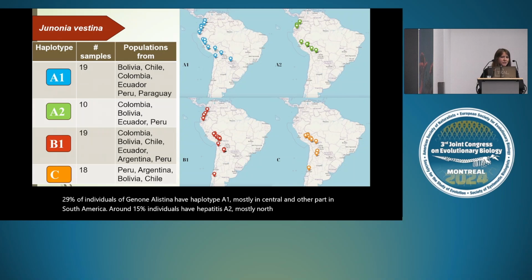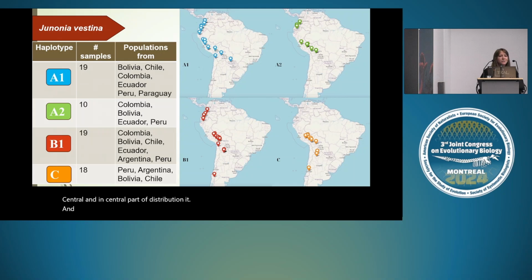Haplotype B can be seen throughout the Andes of South America, and haplotype C, around 27%, can be seen in the central part of the distribution. We found that it is no longer restricted to Peru, as we found it in populations from Argentina, Bolivia, and Chile as well.